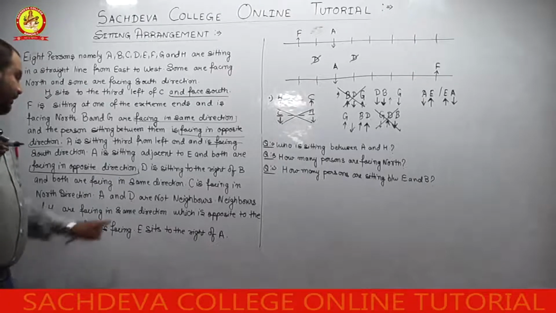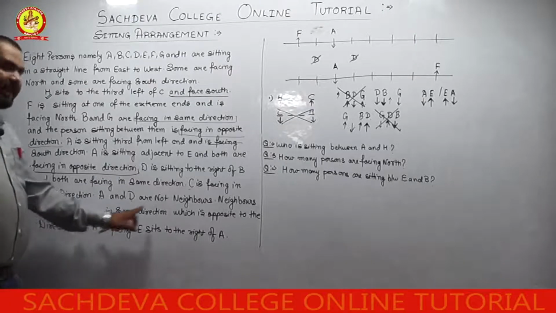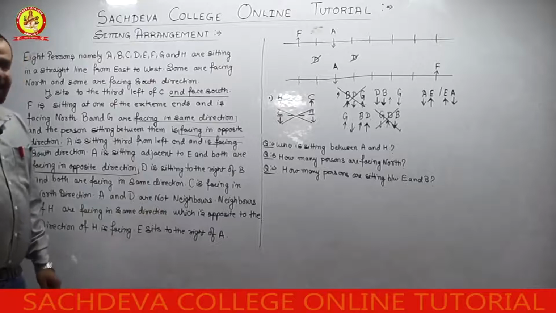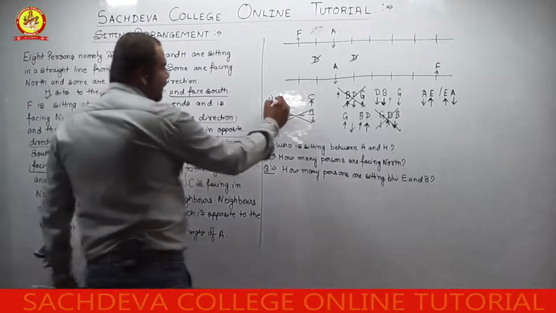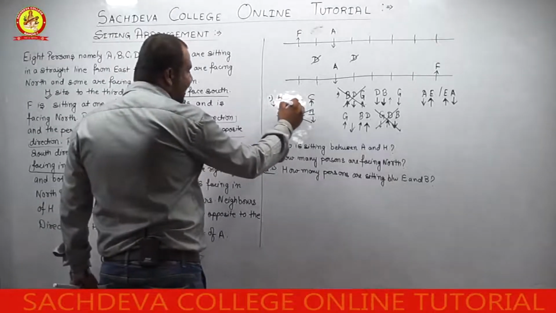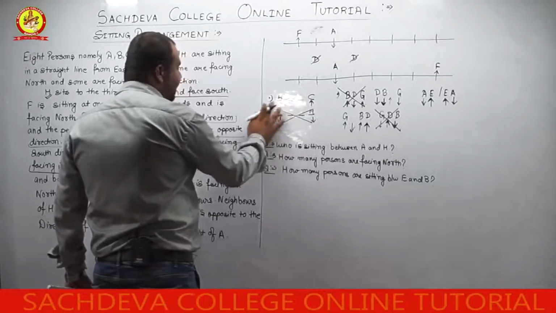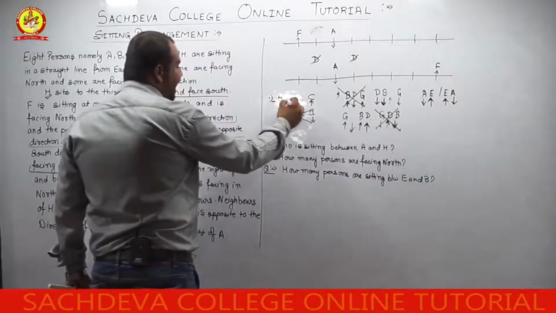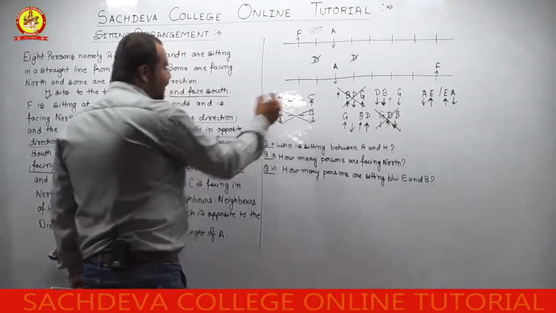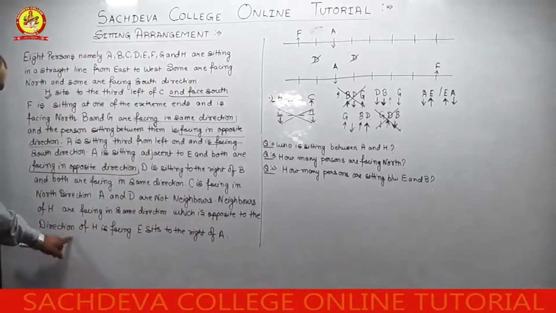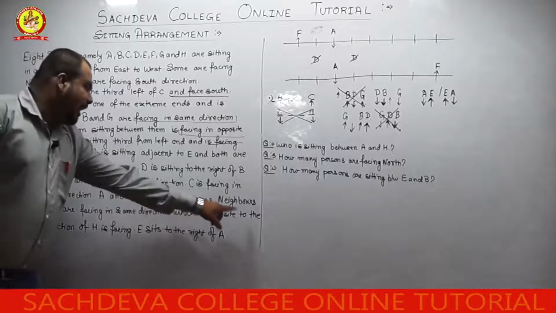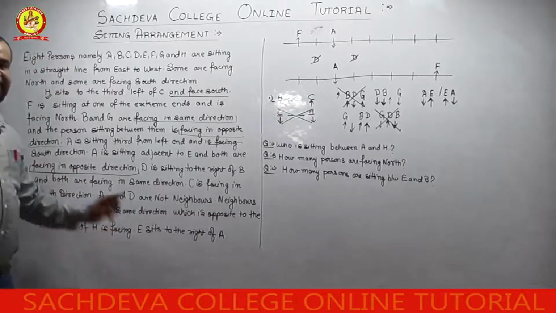Again, what do we mean by that? That the neighbors sitting beside H are facing in same direction. But what is given? Which is opposite to the direction H is facing.